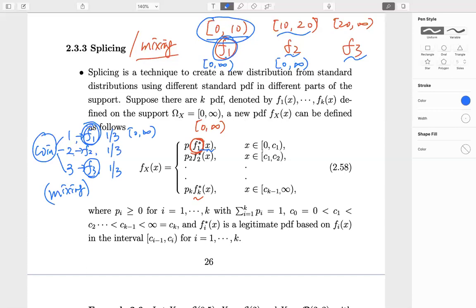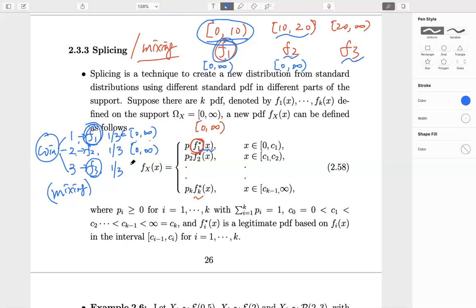The rest I don't care about because I don't use it. I don't need to know the probability of F1 at 20, as I never use it. But in the mixing case, it may be used. There's no way you can rule out anything. If you want to know the probability, it depends on which face turns out, so you need to consider everything. You condition on coin face 1 turning up, so you use F1, and F1 can be anything between 0 and infinity.